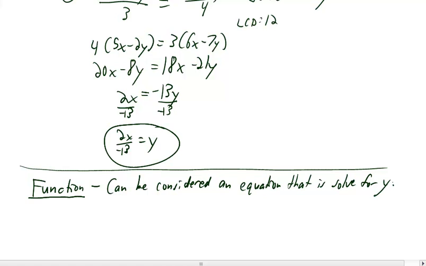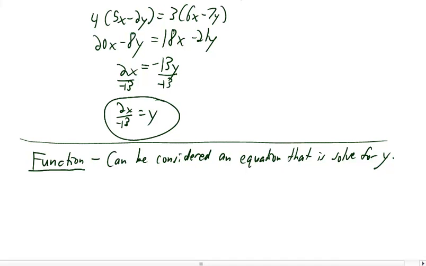That's a very simple way of looking at a function, and it certainly won't be true for all types of functions. But if we're talking about a basic two-variable equation, it's an equation that is solved for y. In other words, it is solved for the dependent variable.